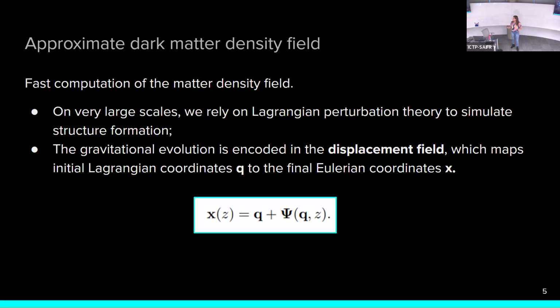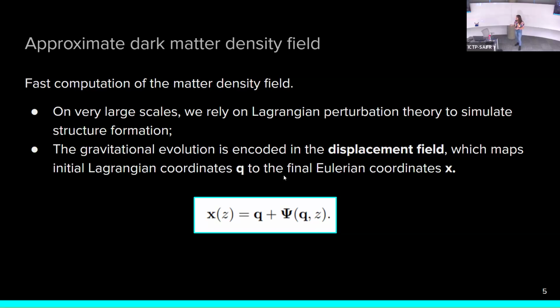So let me start. On very large scales, we can rely on what we call Lagrangian perturbation theory. The idea is that the gravitational evolution is encoded in a displacement field. You start from some initial positions, and you can simulate the gravitational evolution of the particles with this displacement field.